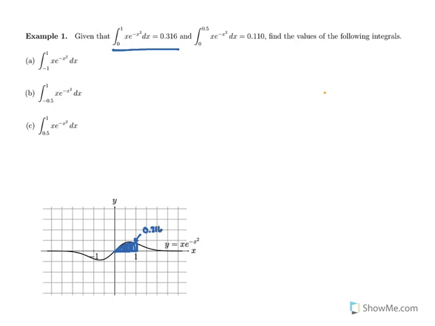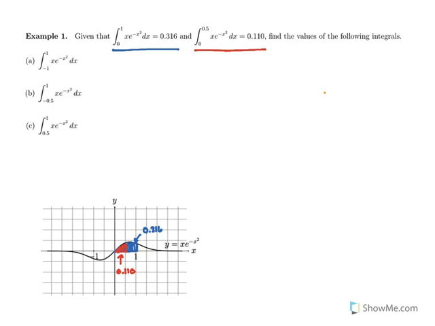We are also given that the area from 0 to 1/2 is 0.110. And we're going to use that information to find the following areas.